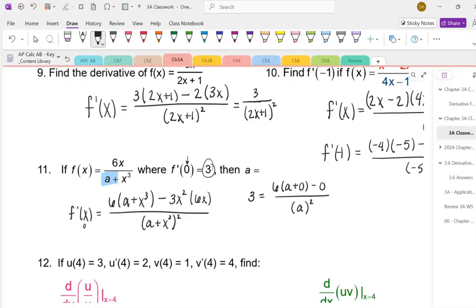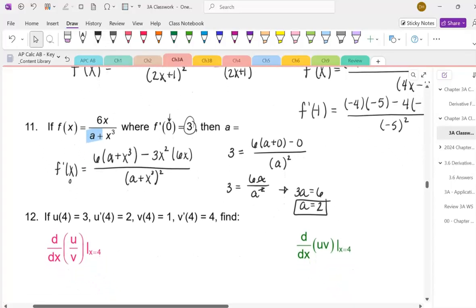So really, you have 3 equals 6a divided by a squared. So I can cancel out an a in the numerator with an a in the denominator. So we've got a times 3. So therefore, a can only be the number 2.